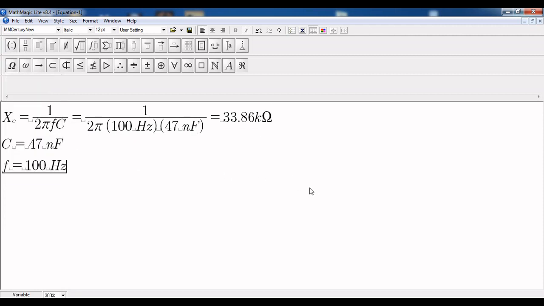Okay. Now we need to get Z, or impedance. Okay. Impedance would be the square root of R squared plus X sub C. Wait, you need to be inside.